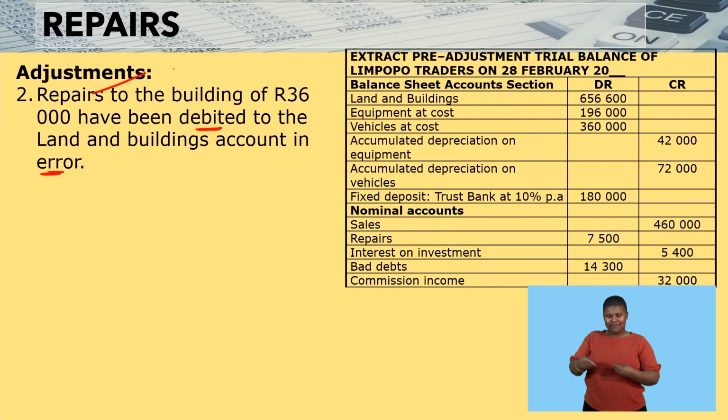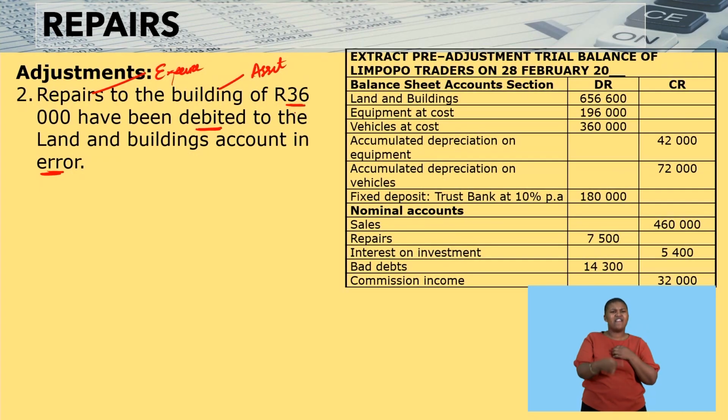But repairs to land and buildings will not add to the cost price of the land and buildings. Repairs are therefore an expense, and land and buildings are an asset. So we must not debit repairs to the land and buildings. They must go to an expense account, and land and buildings must only be affected by what increases our land and buildings, which is an asset account. So debiting 36,000 to the land and buildings account is incorrect.